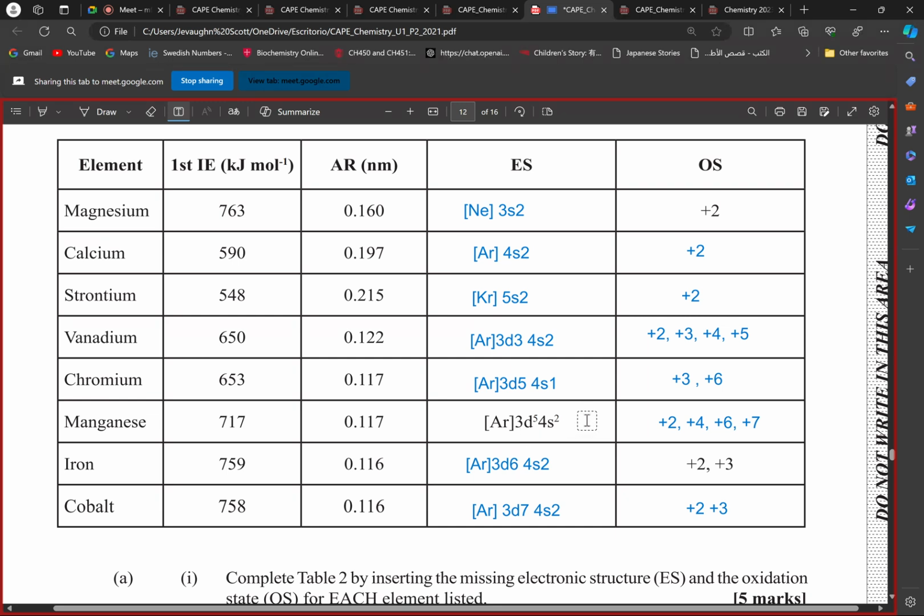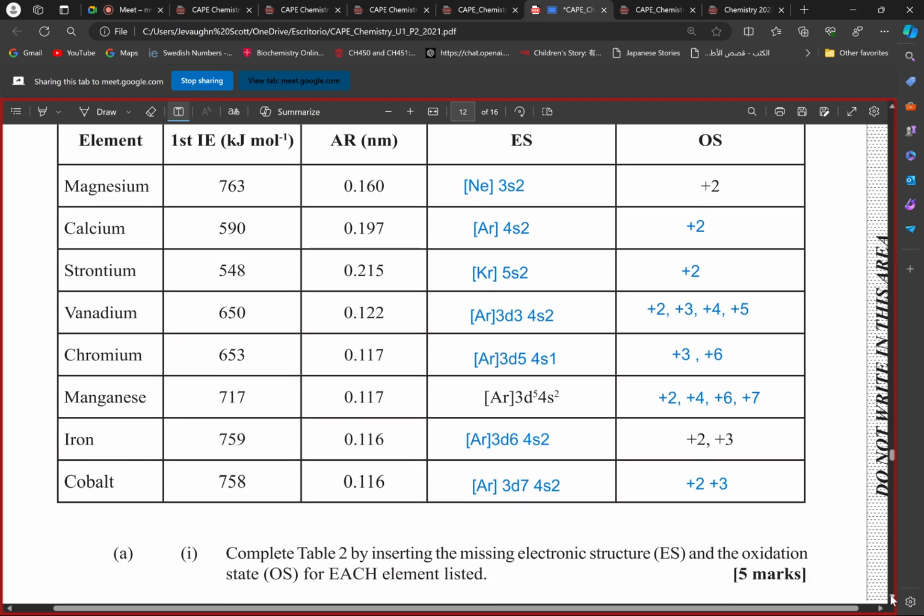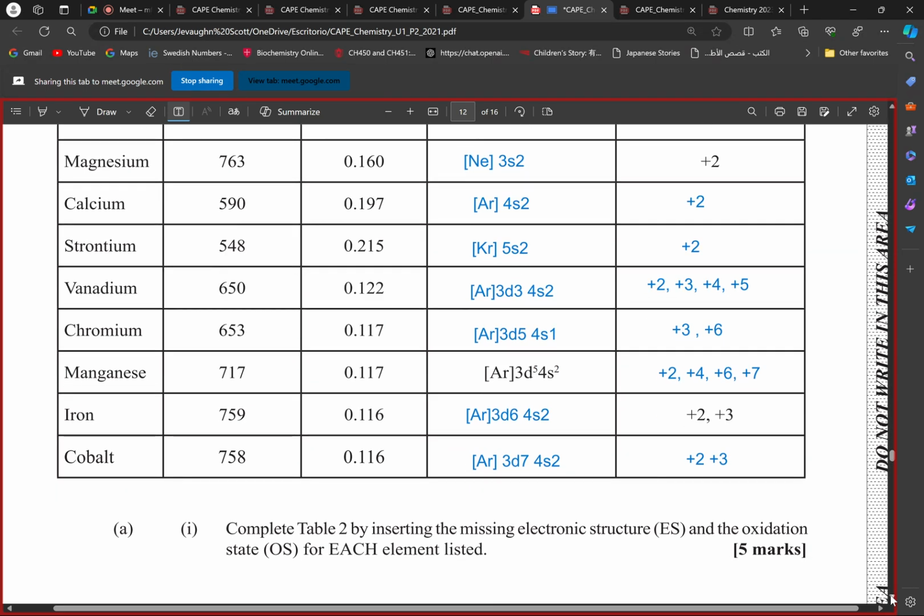Also, on the printed paper, it is written like that, so I just follow that. Plus, strontium would be so long.